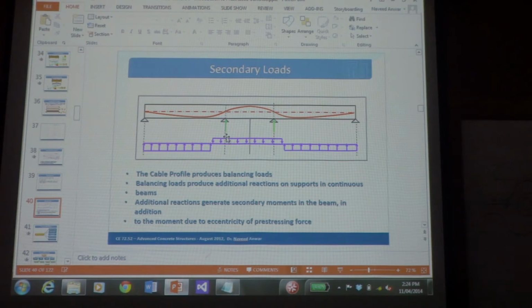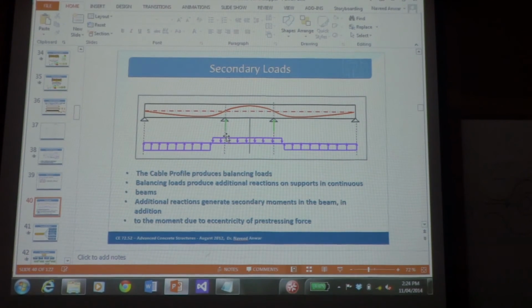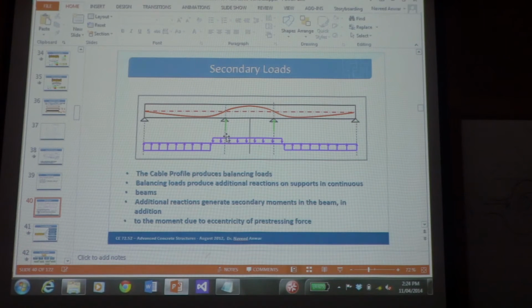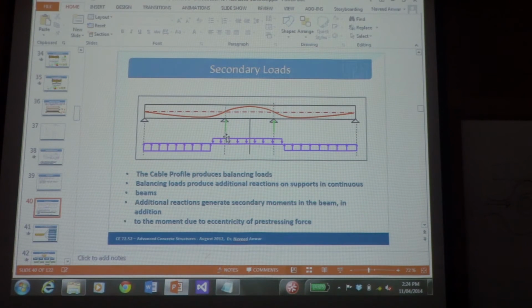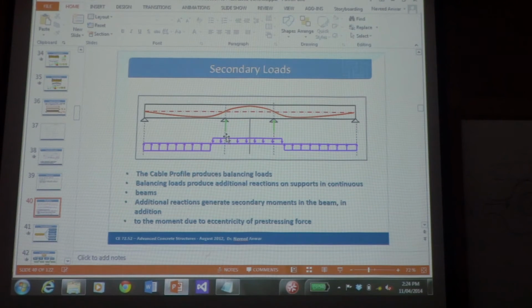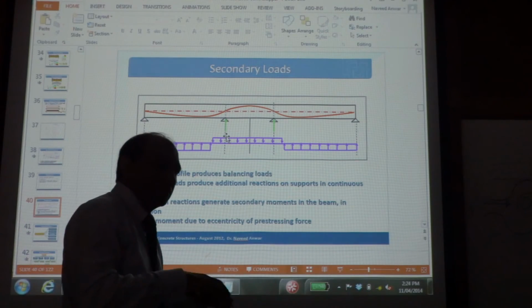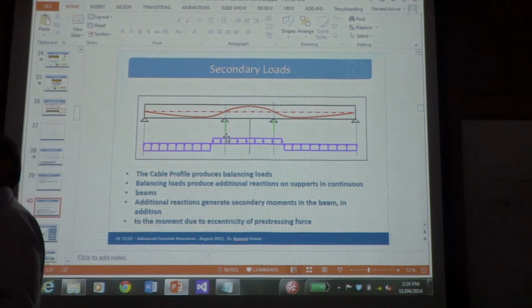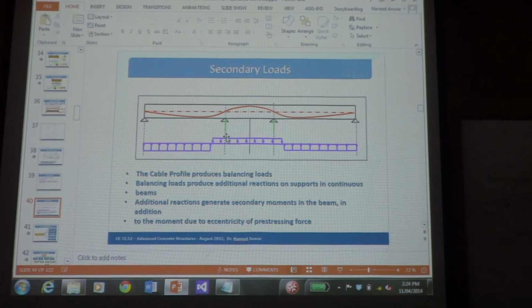Because there are more than two supports, one or two of the supports can develop upward reaction, other two can develop downward reactions, net vertical reaction still zero, but there is some reaction now developed, so some forces will be developed on the beam internally. That's why we call them hyperstatic or internal or secondary loads, that they are generated within the structure because of the indeterminacy.